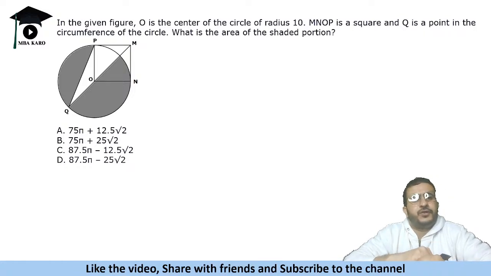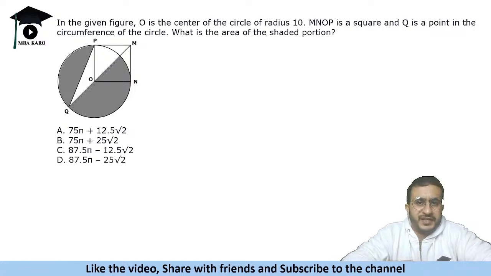In the given figure, O is the center of the circle of radius 10. OMPQ is a square and Q is a point on the circumference of the circle.